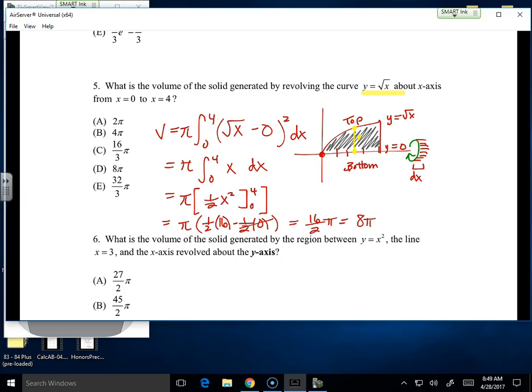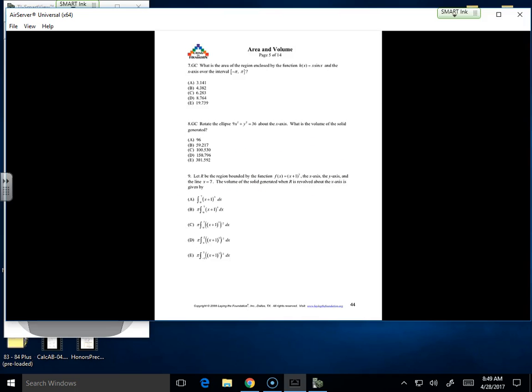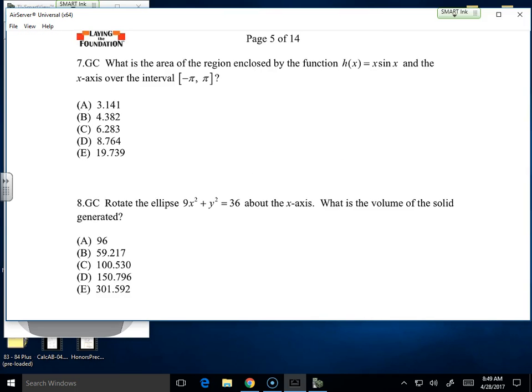Beware the big jumps in your mental math. They might lead you wrong. Do you agree with me? Okay, good. Let's see where we're at. What do we do with it?